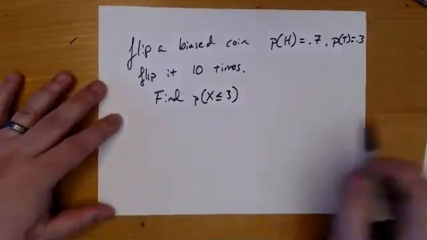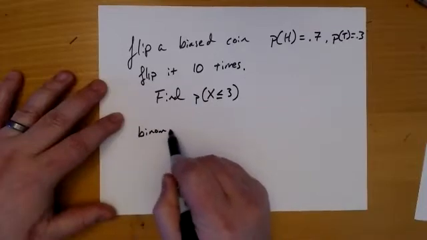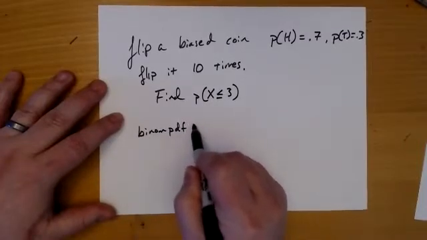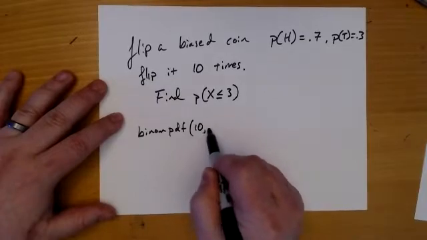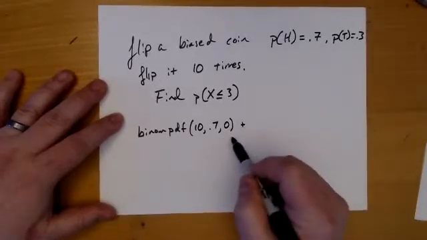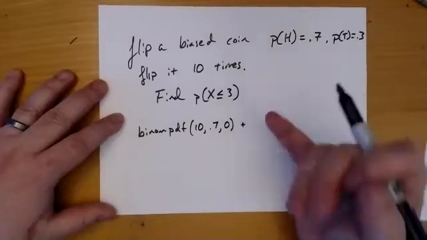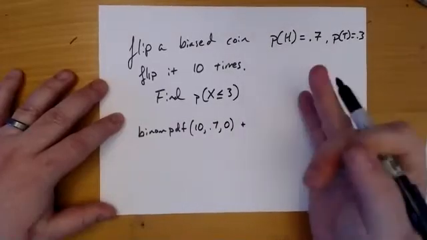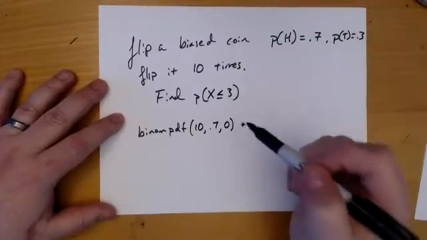So there are 2 ways you can play this game. You could do Binomcdf, and you're going to do 10, 0.7, plus, because that's getting it 0 times. So there are 4 scenarios that work here: 0 heads, 1 head, 2 heads, or 3 heads. Don't forget the 0. Everyone forgets the 0.